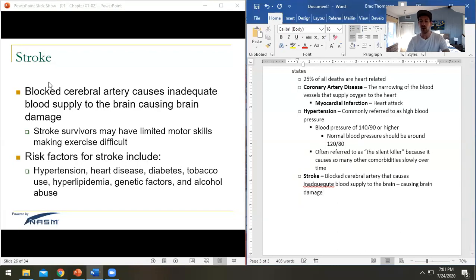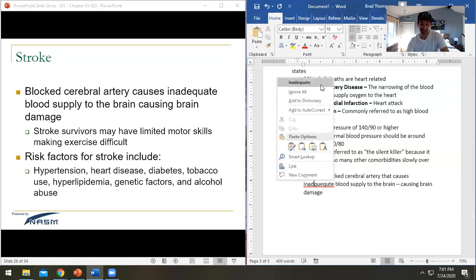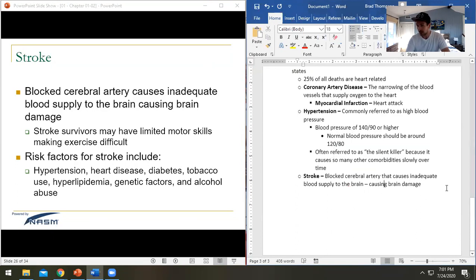So coronary artery disease and stroke are basically, in a way, the same thing. You blocked a blood vessel, oxygen couldn't get to a tissue, and that tissue died. In your heart, that's the pump that supplies oxygen everywhere. In your brain, it's the thing that controls your entire life.